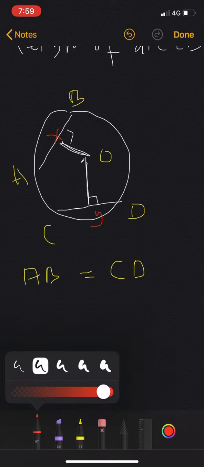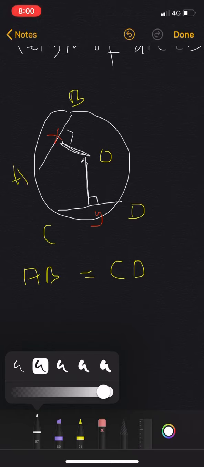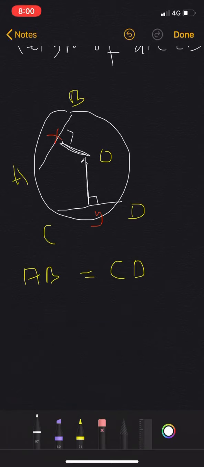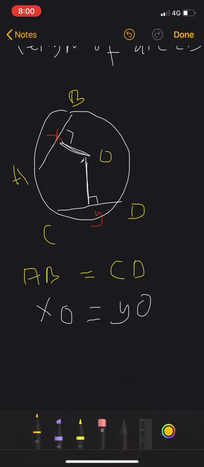So automatically, X is the midpoint for line AB, where Y is the midpoint for chord CD. Sorry. So when the chord AB is equal to chord CD in length, automatically XO is equal to YO. The length of XO here is equal to the length of OY. This length is equal to this length. Mesti sama dia punya value. Memang this is the property.